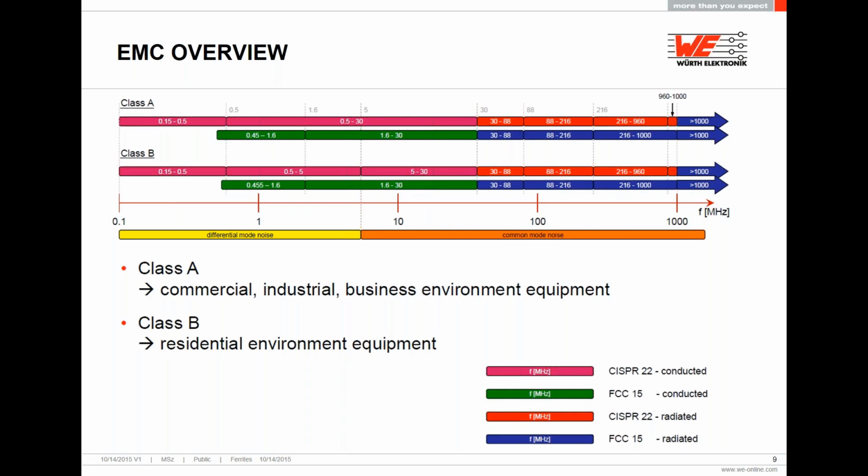The tests for Class A are more stringent because of the environments they will be operating in. In terms of similarities, the conducted and radiated emissions limits specified in CISPR 22 and FCC 15 are close to each other. In this way, it is possible to meet both standards easily for the certification process.